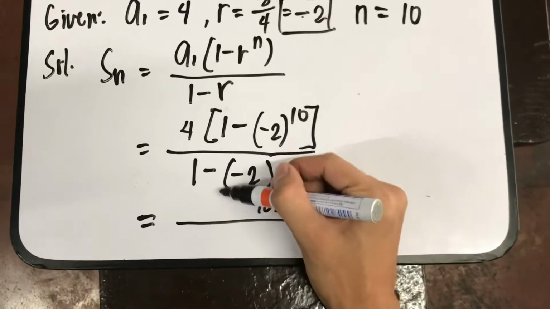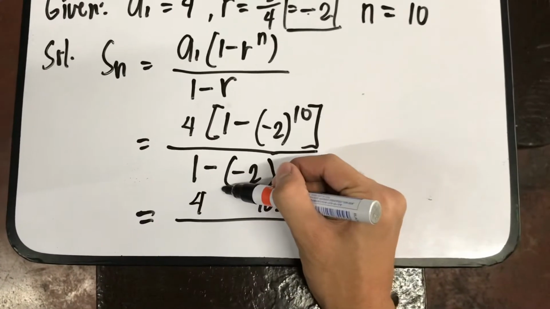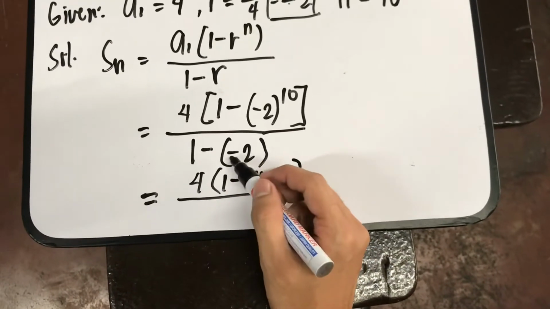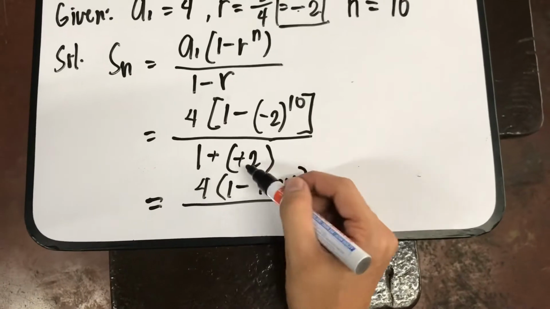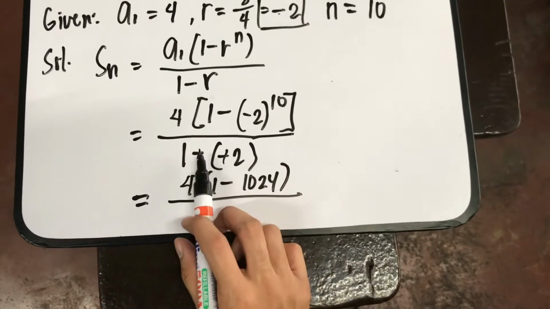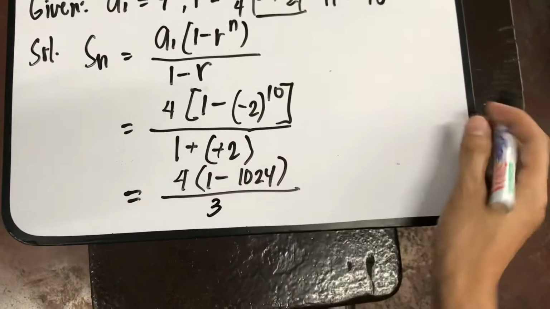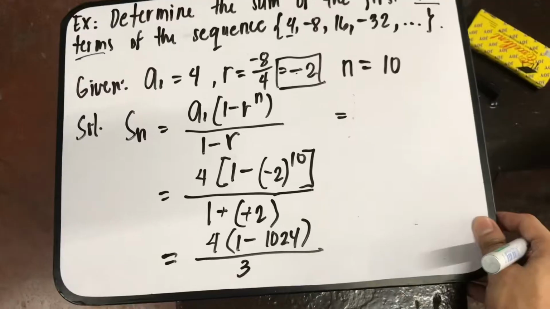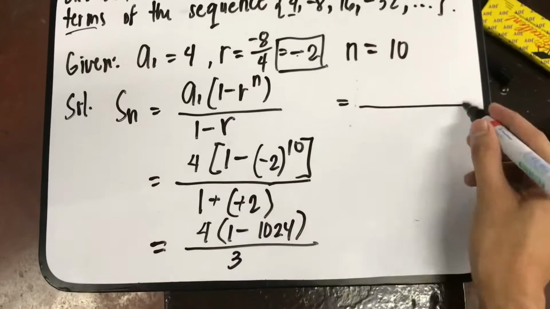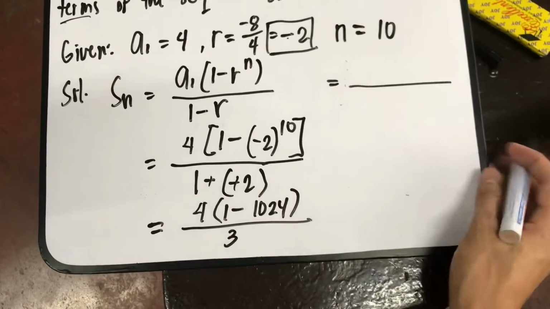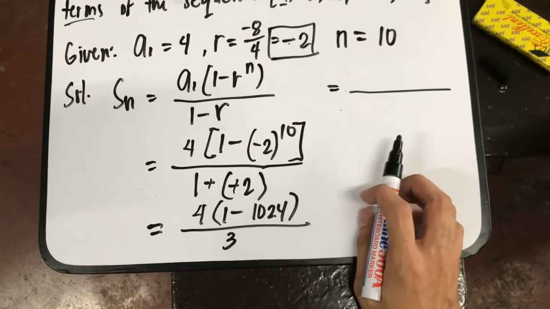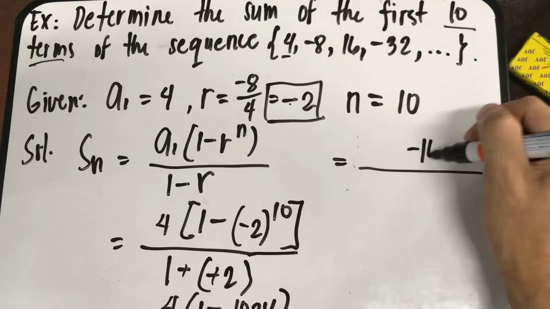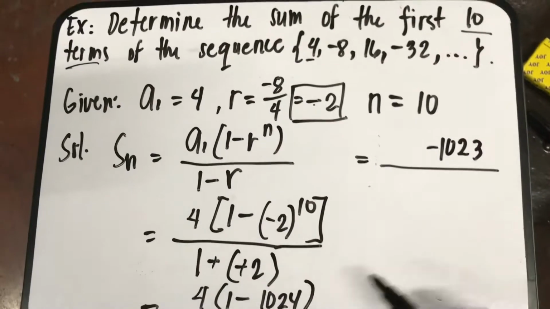Diba? Then, balik natin yung mga given natin. So, 1 minus negative 2. Change the sign of the subtrahend and proceed to addition. So, we have 3 as our denominator. Now, we're going to subtract 1 to negative 2 to 1024. So 1 minus 1024, that is negative 1023.